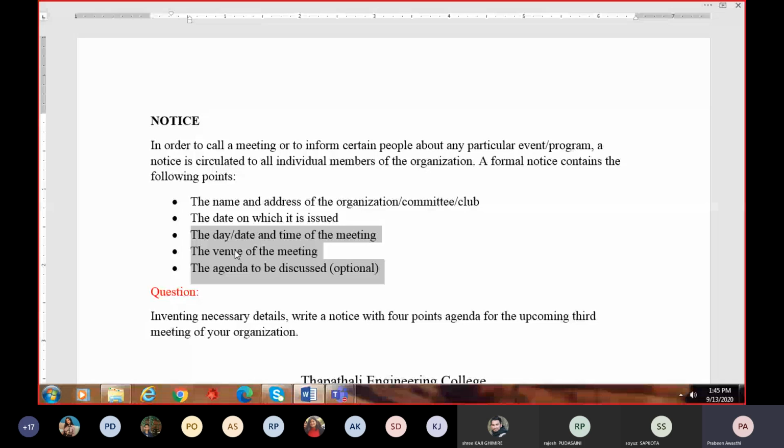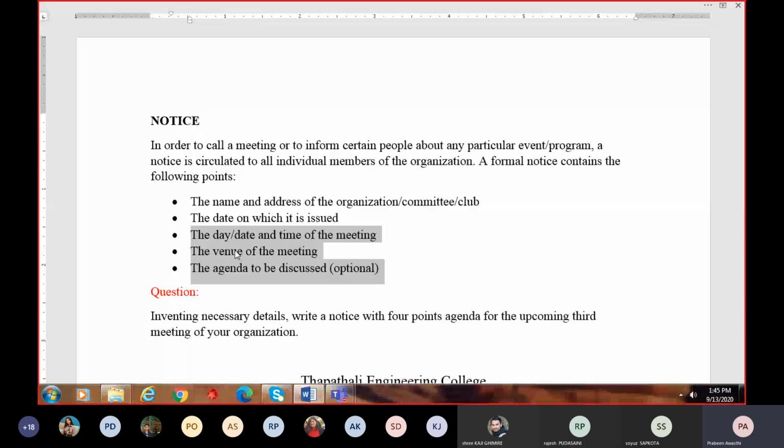The venue of the meeting must be included there, and the agenda to be discussed. Agenda to be discussed also should be included, but it is optional. Agenda means topics for discussion in the meeting, right? What are the topics of your discussion in the meeting?